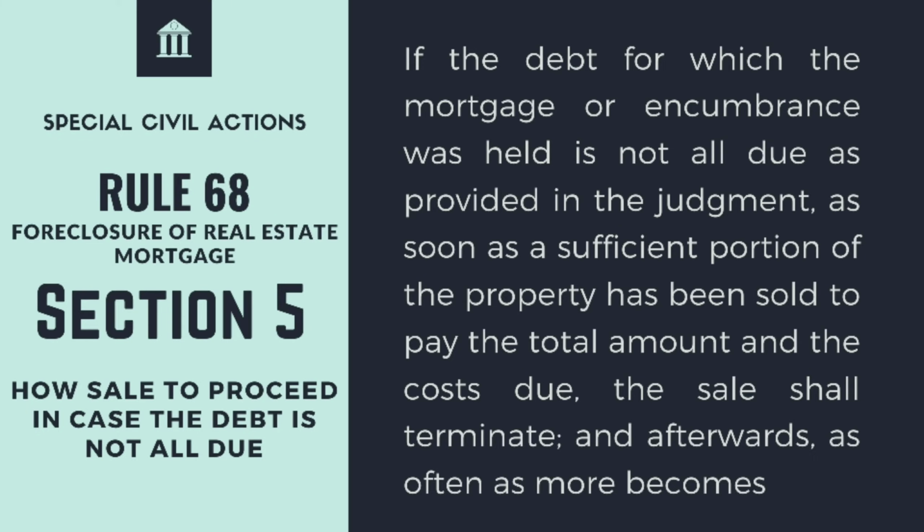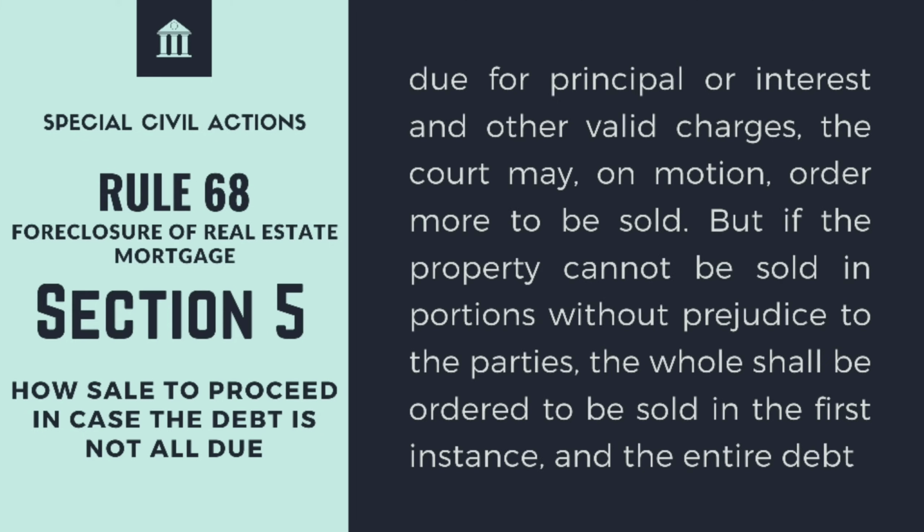Section 5. How sale to proceed in case the debt is not all due. If the debt for which the mortgage or encumbrance was held is not all due as provided in the judgment, as soon as a sufficient portion of the property has been sold to pay the total amount and the costs due, the sale shall terminate, and afterwards, as often as more becomes due for principal or interest and other valid charges, the court may, on motion, order more to be sold.